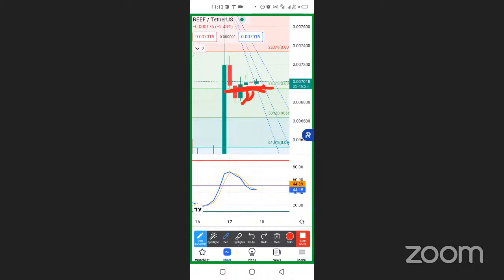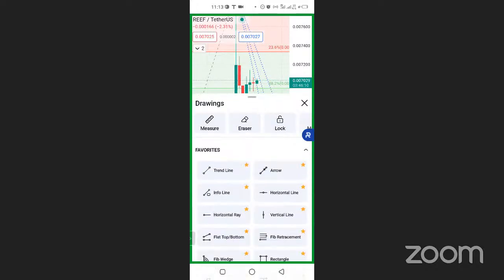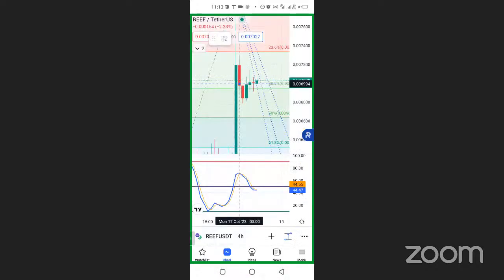The market has failed to break this area, which means it's support. Now, once this stochastic RSI points up, you don't have any reason to hesitate. You get in, because it's going to move from where this candle is now. Where this candle is, it's about to point up and move up to this line.